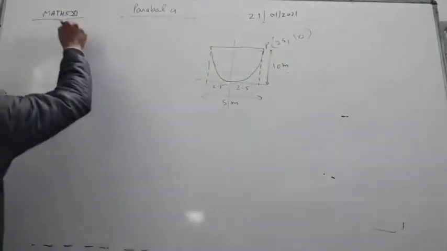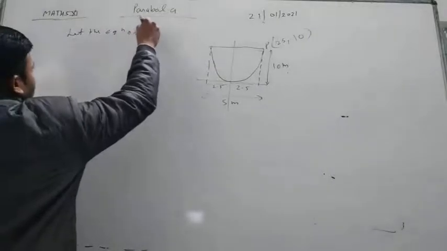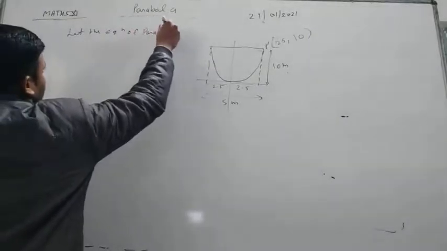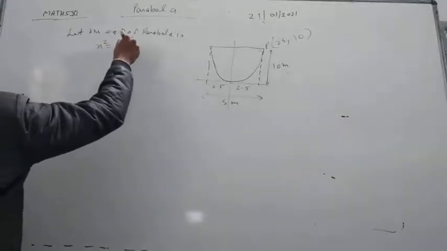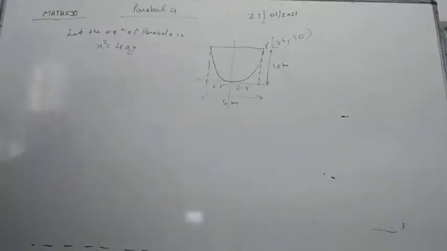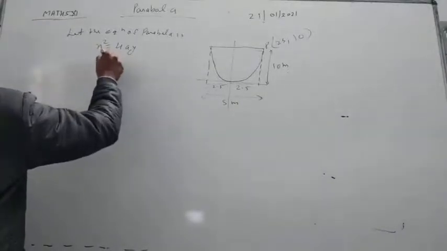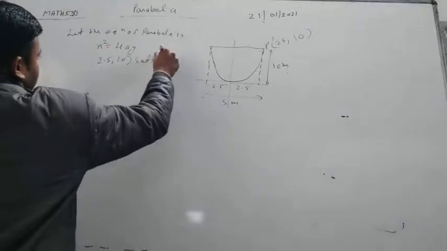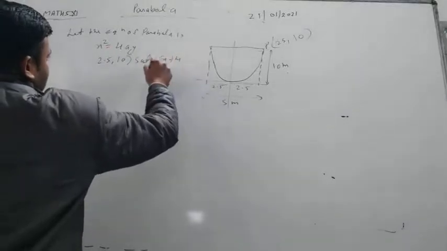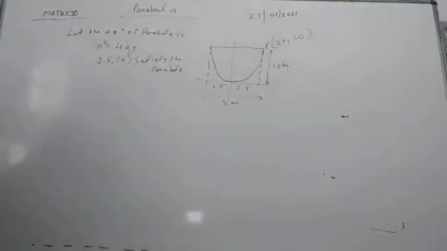So let the equation of the parabola be x square is equal to 4ay. So the coordinate (2.5, 10) satisfies the parabola because this point lies on the parabola.